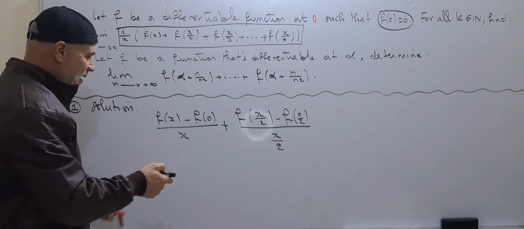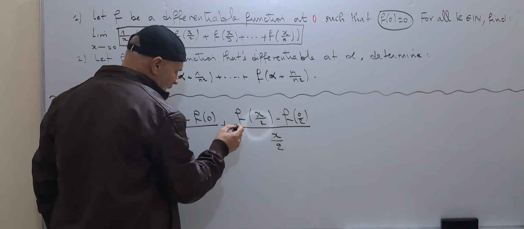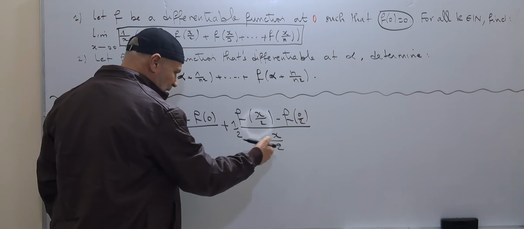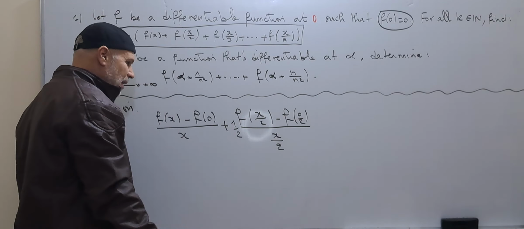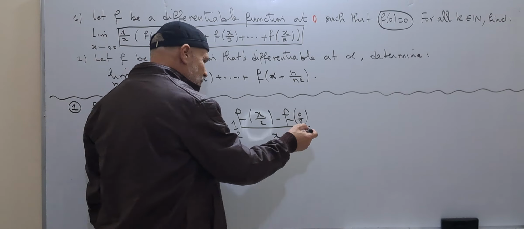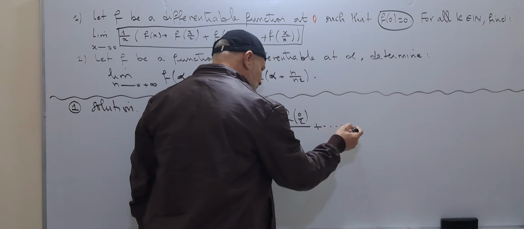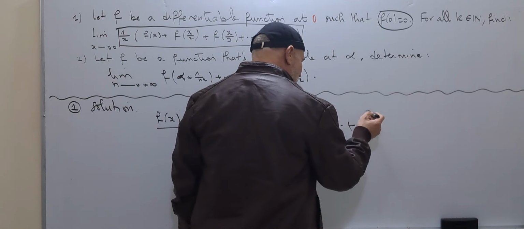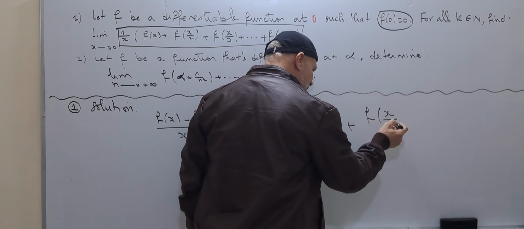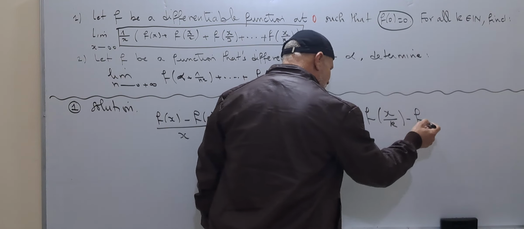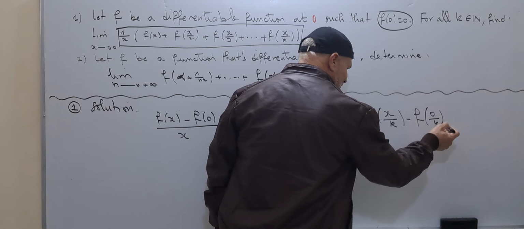Here we have x, and since we divide by 2, we take 1 over 2 to cancel that we divided by 2, plus ... plus f of x over k minus f of 0 over k.